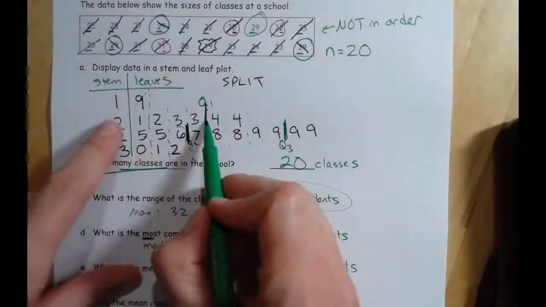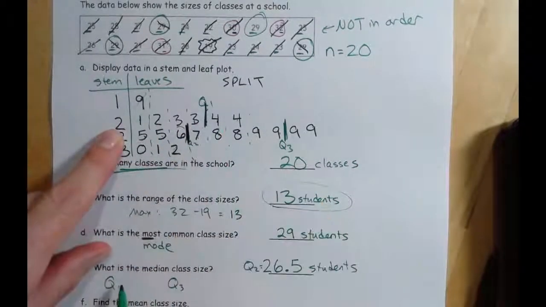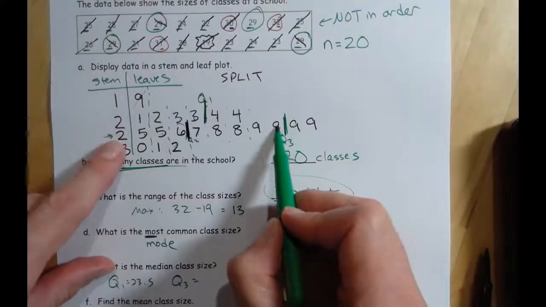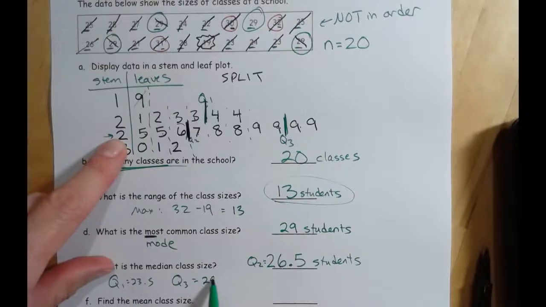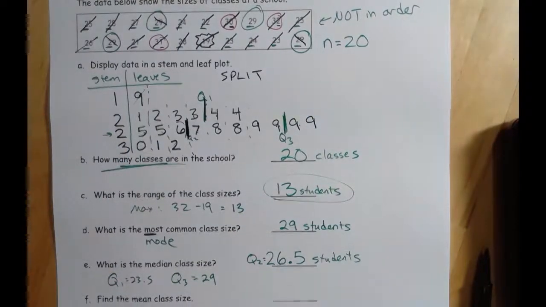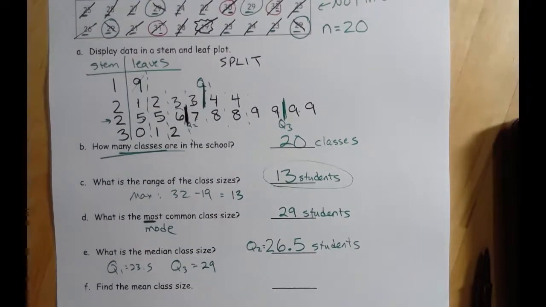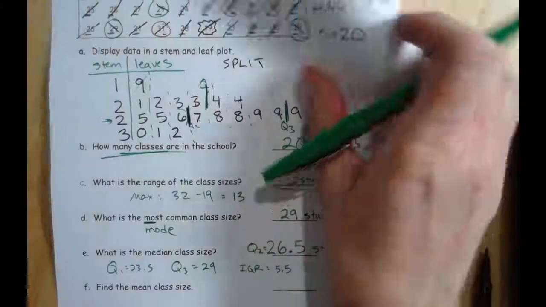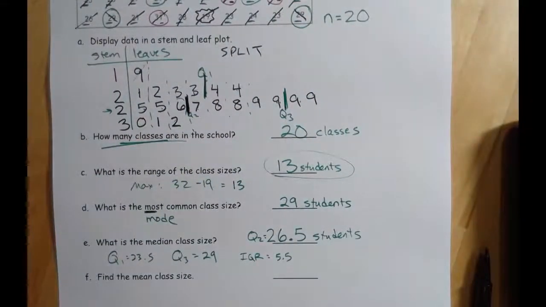So Q1 is going to be between 23 and 24, which is 23 and a half. And Q3 is going to be between 29 and 29, which is just 29. Nice and easy. Students would be the units. So the interquartile range would be 29 minus 23.5, which is going to be 5.5 students.